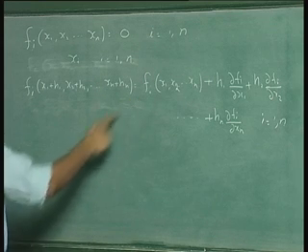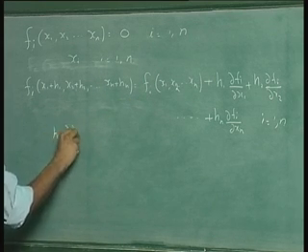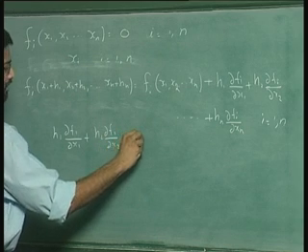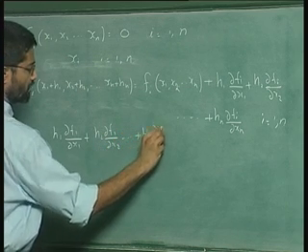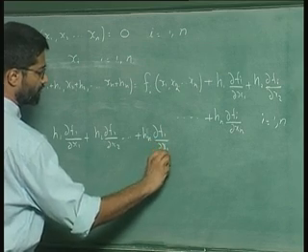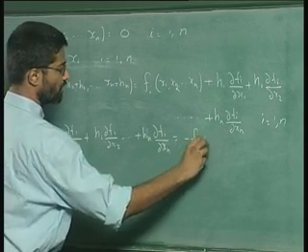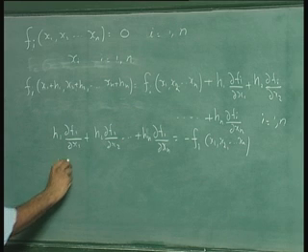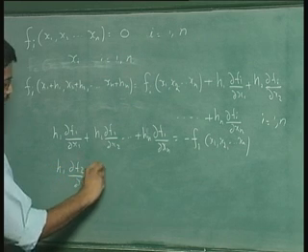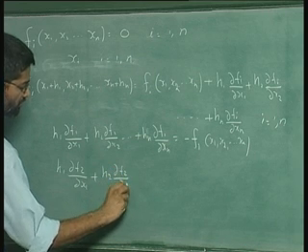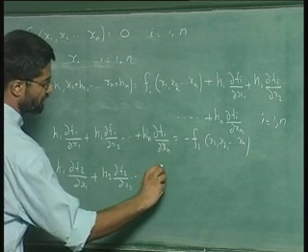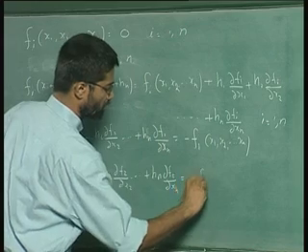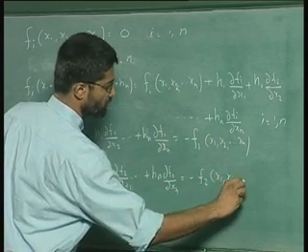So, a series of equations can now be written as H1 del F1 by del X1 plus H2 del F1 by del X2 plus up to Hn del F1 by del Xn equal to minus F1 of X1, X2 up to Xn, and the next would be H1 del F2 by del X1 plus H2 del F2 by del X2 plus up to Hn del F2 by del Xn equal to now minus F2 of X1, X2, Xn.